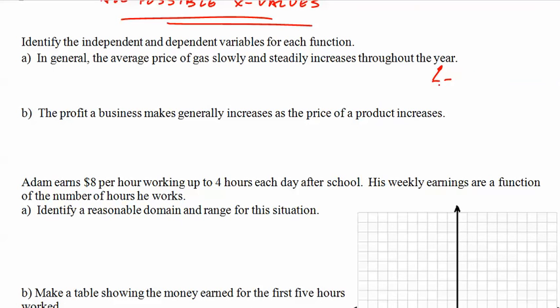That's your independent. And y, that's got to be your price of gas. You look at the year, you say, hey, what is it on July 15th, December 2nd, that sort of thing.